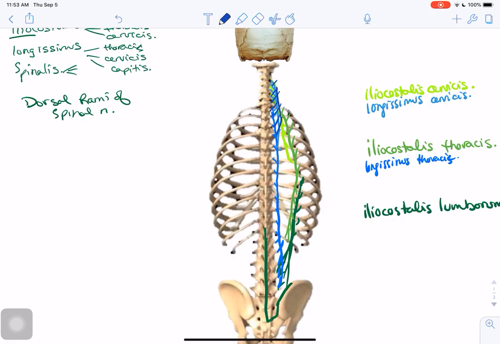Right? And this, being a capitis, means it has to insert on the skull. It wraps up and goes to the mastoid process. We've already seen splenius capitis attaching to the mastoid process, and now we have longissimus capitis going to the mastoid process.